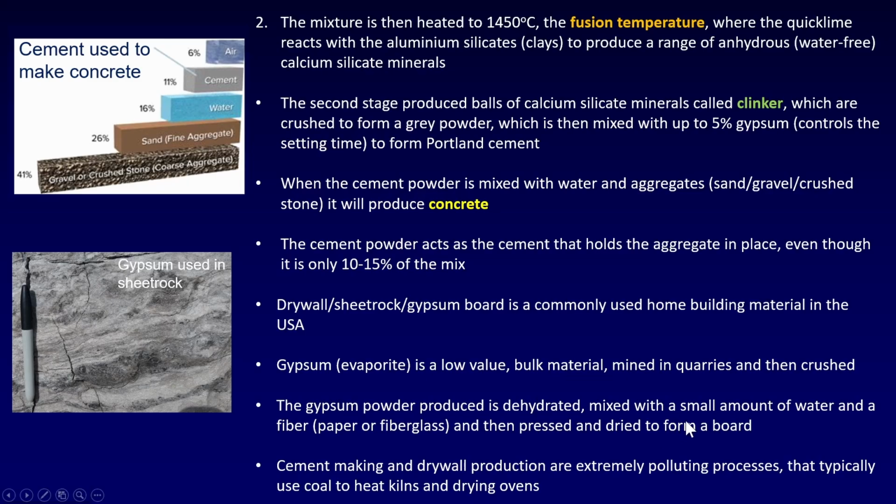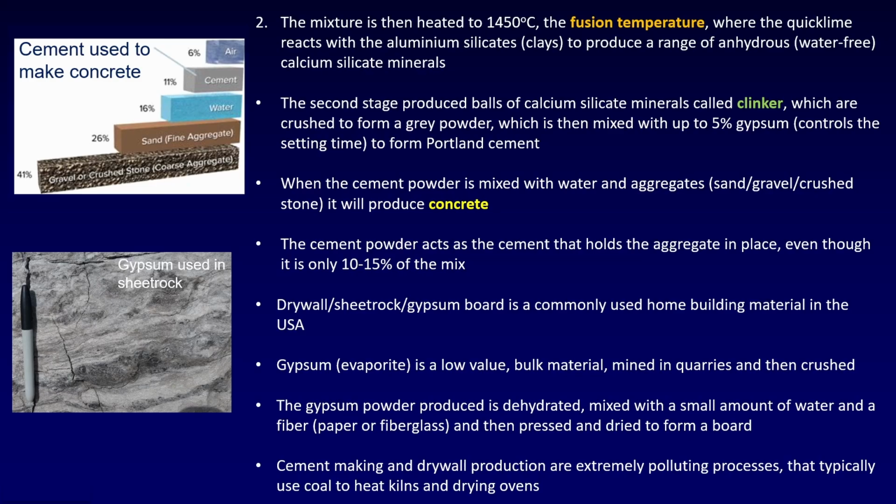Then you're going to mix that powder with a small amount of water and some kind of fiber, which could be a paper fiber or fiberglass. Then you take that mixture and compress it to form a board. And that is drywall. It's just a mixture of powdered gypsum, a little bit of water, and some kind of fiber that's been put under extreme pressure to form it into a sheet.